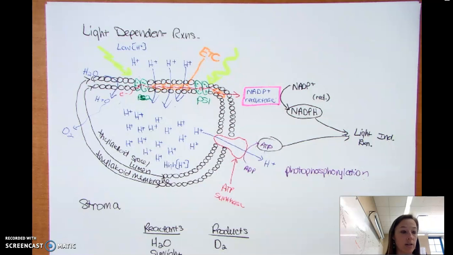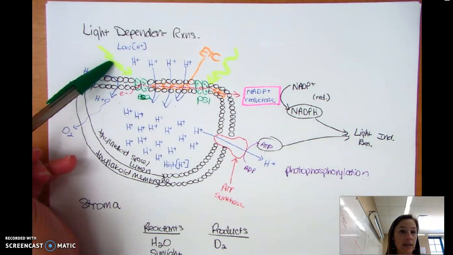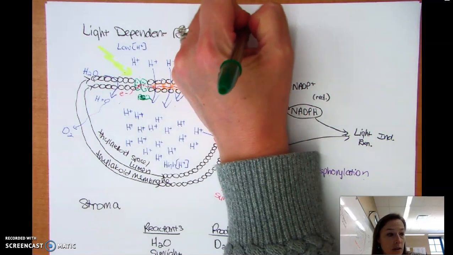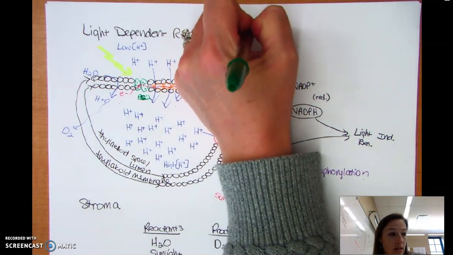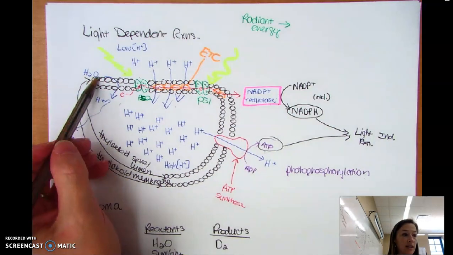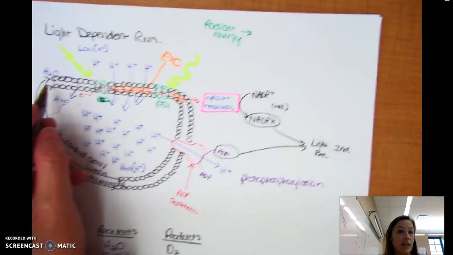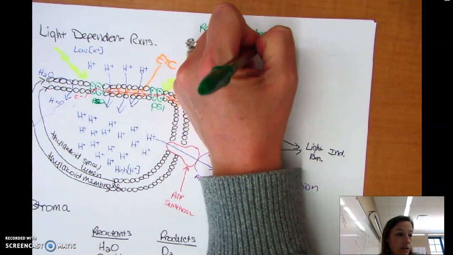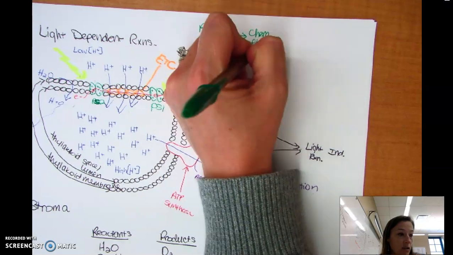All right, so where the energy starts is up here at the sunlight. So we're starting with radiant energy, which is sunlight. And the energy is then going to go into the chemical energy of the electrons.